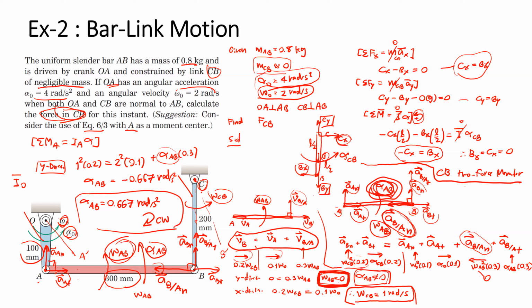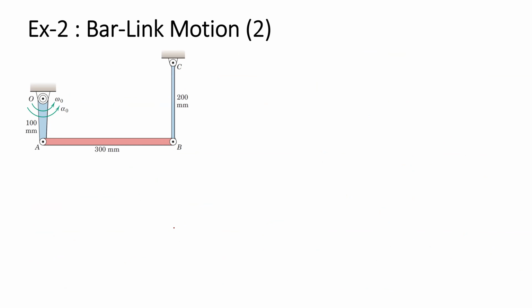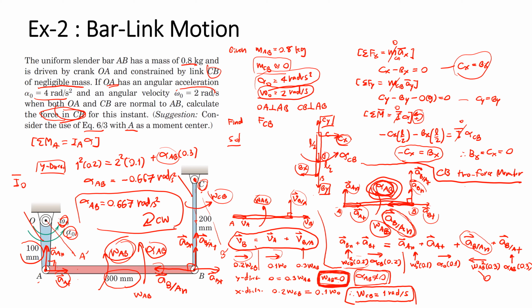Yeah, we know that for the kinetics of a rigid body, we may need to compose the equation for the translation and for the rotation. If we know the information of omega and alpha, it means we have enough information for the computation of the rotation.